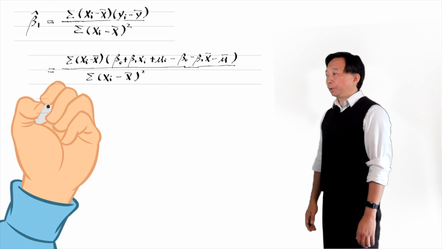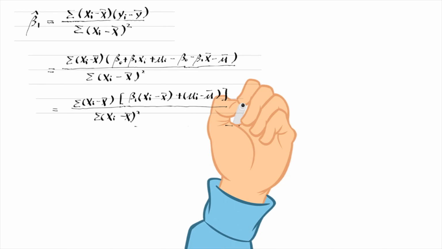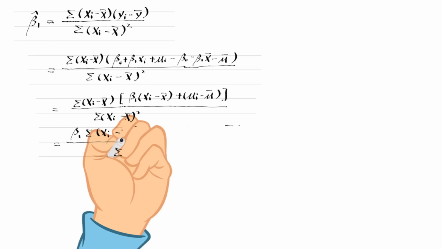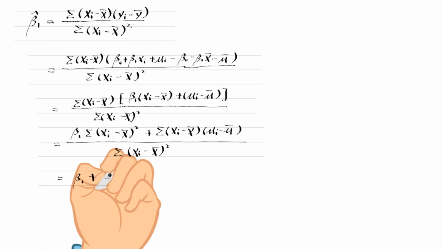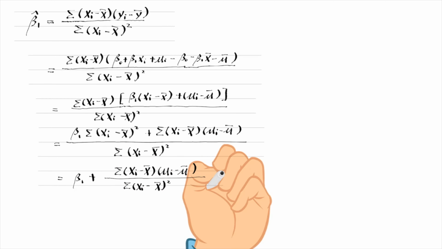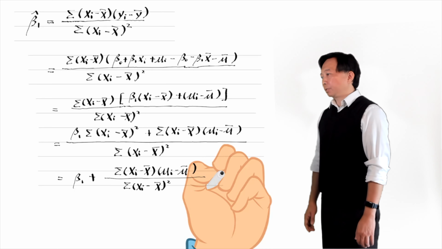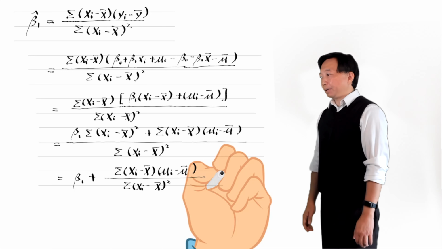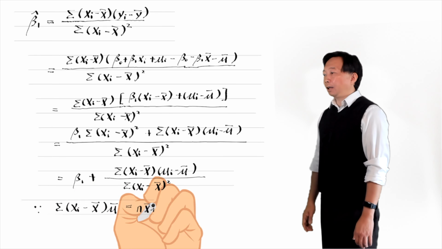That is, to replace yi and y bar with their relationship with x and mu. After some algebra, we get two terms, the population parameter and an expression of x and mu. We further simplify the second term.